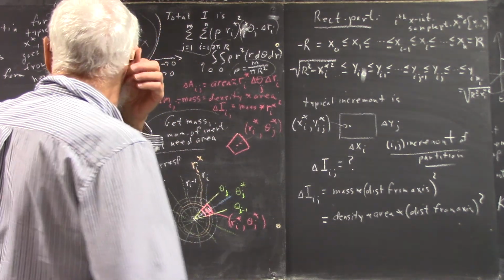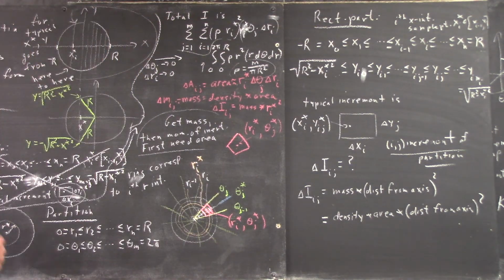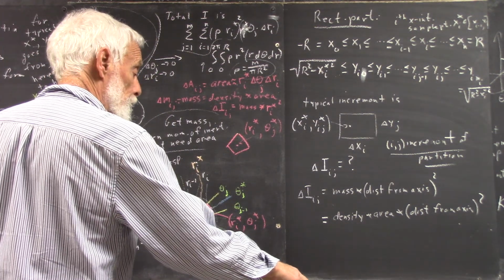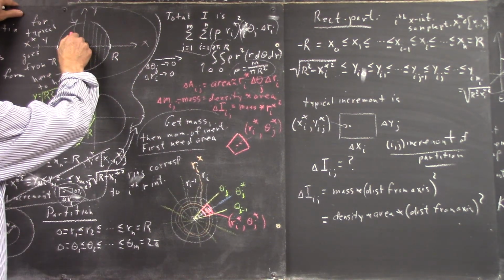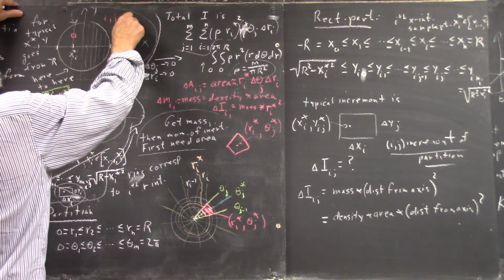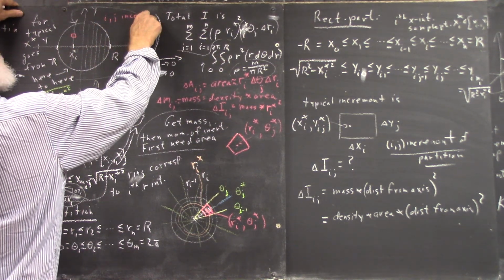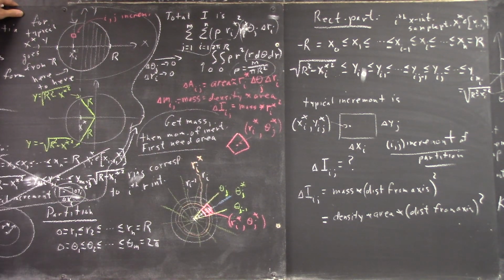Now, where is this thing? Well, this part of the picture is still here. Let's just say that this is our ij increment, okay?